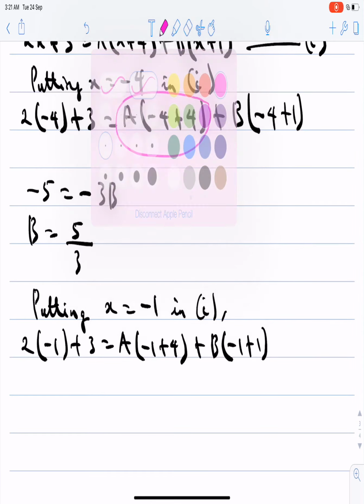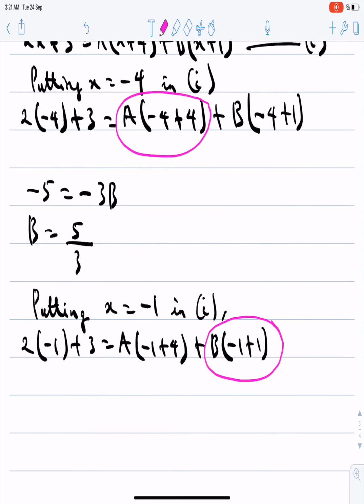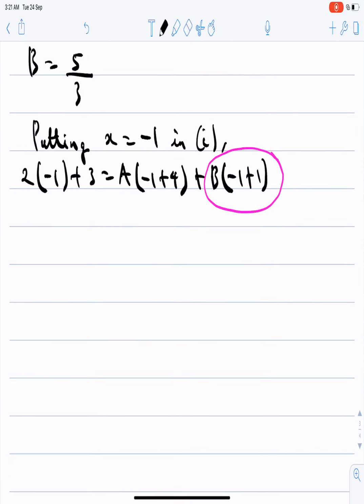So we can see that minus 1 plus 1 is 0, and 0 times b is 0. What we are left with is 2 times minus 1 is minus 2 plus 3, that's 1. 1 equals minus 1 plus 4 is 3, 3 times a is 3a. That means a equals 1 over 3.